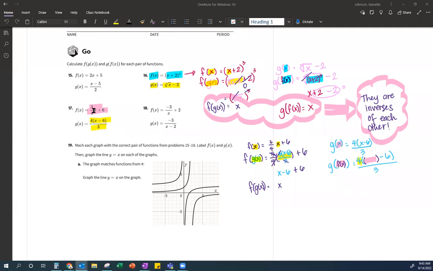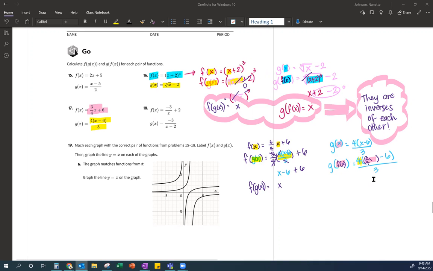So inside here, I'm going to be putting in 3/4 x plus 6, right? When I put 3/4 x plus 6, you'll start to notice stuff.